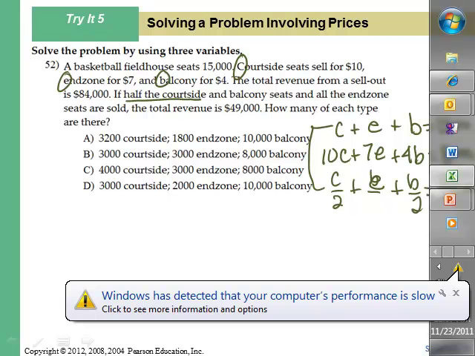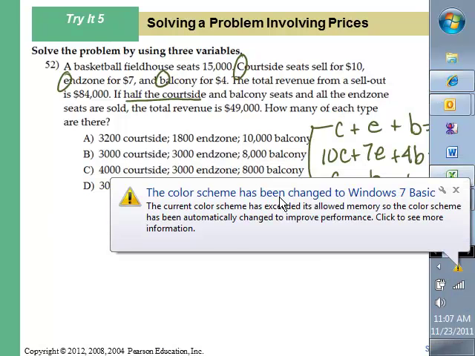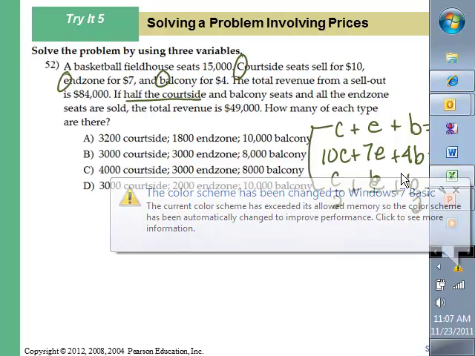Let's see what I did wrong. How many of each type are there? Well, they have to add up to 15,000, so that part I've got right. $10 times the courtside, $7 times the end zone, and $4 times the balcony.